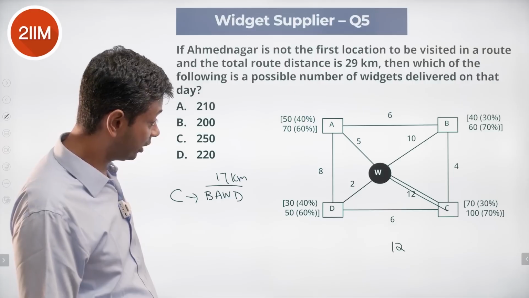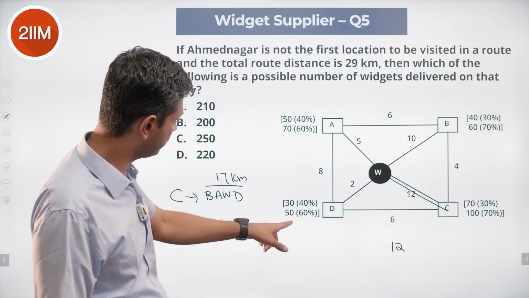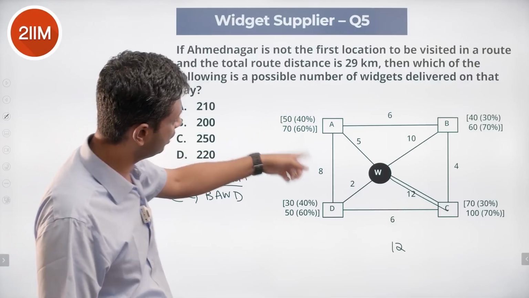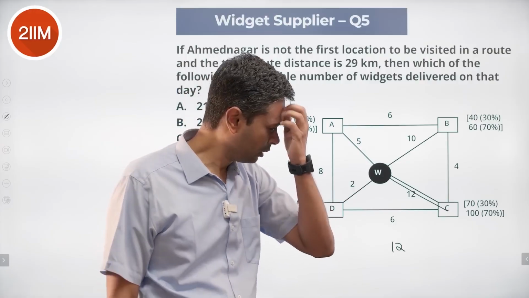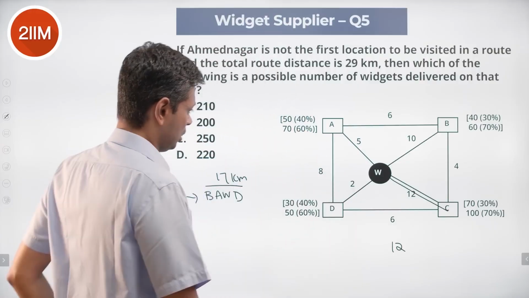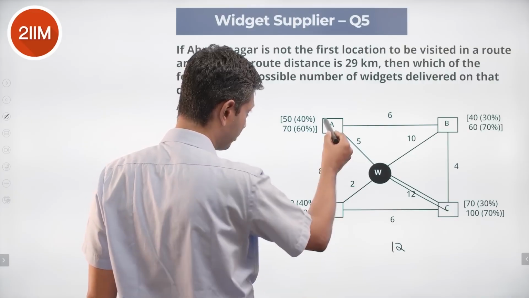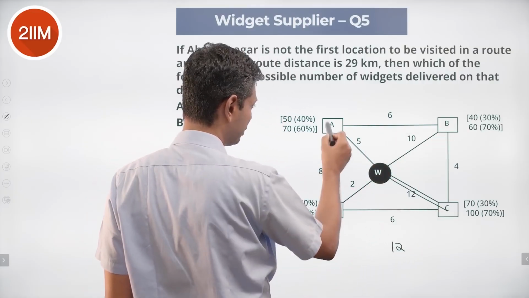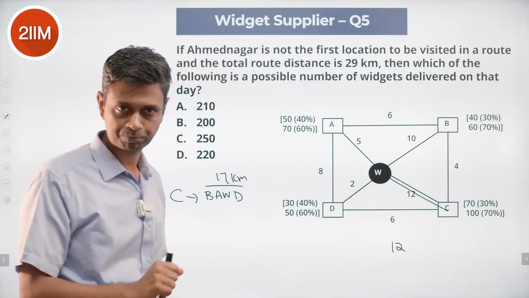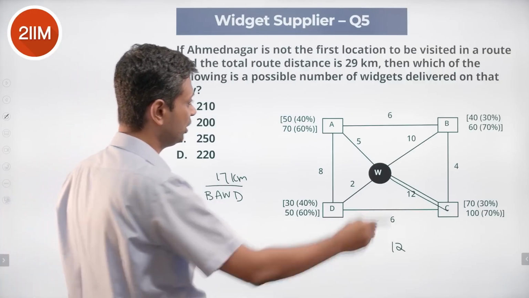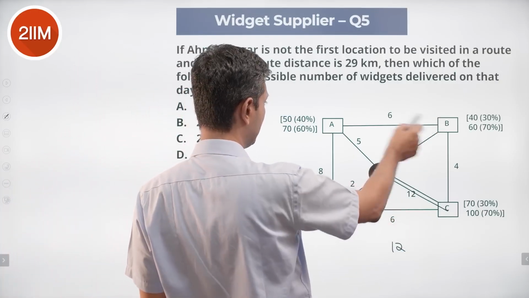I could end up going to D because this could be 50, that could be 50, that could be 40. Yeah, that's possible. But let's calculate the distance. If I go to D, my next step should be A and then B. 6 plus 8, 14 plus 6, 20. That's not working.